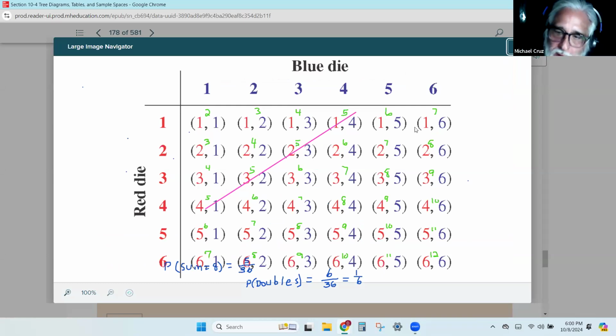We got the 7s in a row, 8s and 9s. The higher ones over here, it said less than 5. So we're talking about this one, this one, this one, this one, and this one. So we got these 3, 2, 5, and 1 is 6. So again, we've got 6 of them that sum to less than 5.